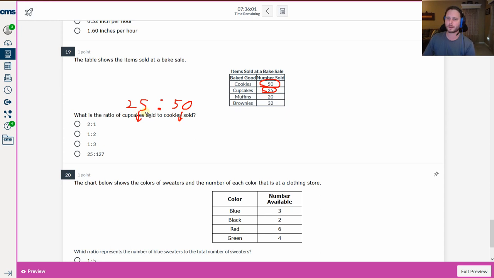So, 25 divided by 5, and 50 divided by 5. Now, some of you might have gotten here and been stumped a little bit, but you can simplify still. 5 and 10 can be divided by one more number, 5. You can do 5 divided by 5 and 10 divided by 5, and that would have given you 1 to 2. That's what number 19, or I guess in your case number 18, would have been asking you to do.